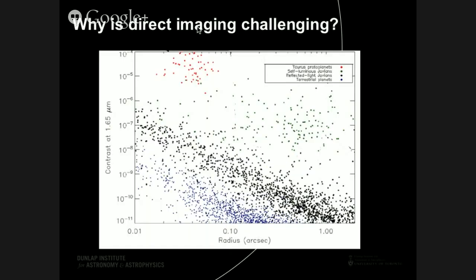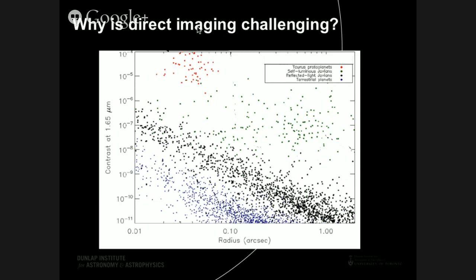To describe that more quantitatively, what I'm showing is a notional population of exoplanets. Each of the different colors represents a different kind of planet, and this is the contrast as a function of separation in arc seconds.